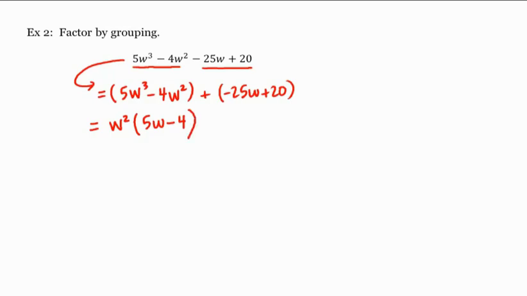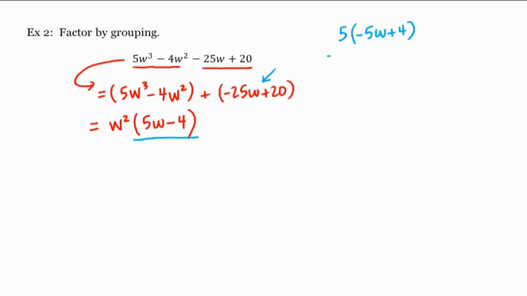Now, what is the greatest common factor in the second grouping? Well, we could factor either a 5 out or a negative 5 out. But remember, our hope is that we're going to get the same binomial left over. So what happens when we factor out a 5 here? We'd be left with negative 5w plus 4, which is not that same binomial.